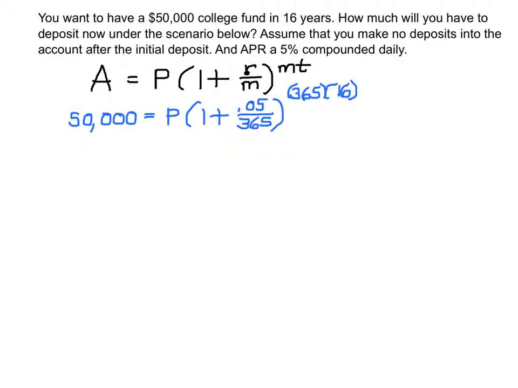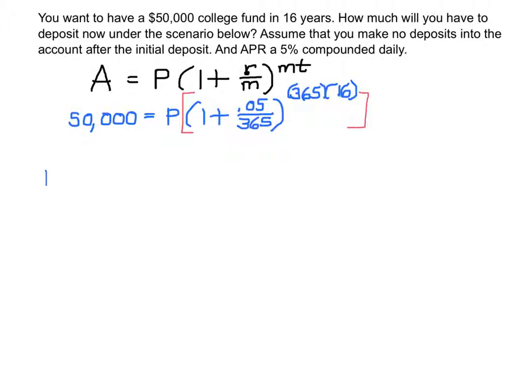So let's work this out. To do this, what we want to do is divide both sides by this entire piece right here. As a matter of fact, I'll put it in a bracket. There we go. So we want to divide both sides by that. When we do that, we get what P is equal to.